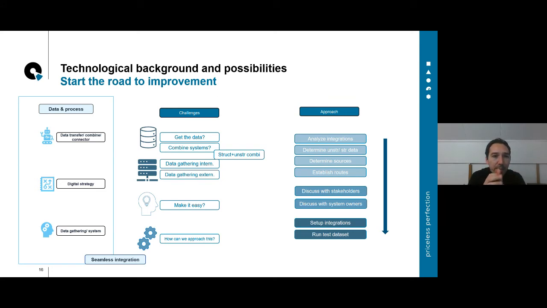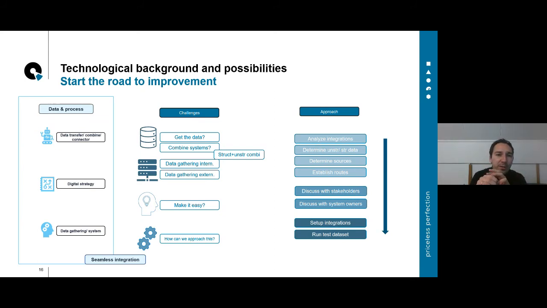So how we approach this is by discussing the various integration options and determine what needs to come from what system. By doing this, you can set up a flow that shows the various sources and the various data streams. And once this is clear, you can have that discussion with the system owners and process owners to see how these systems can be leveraged and whether there are parts of the process that are obsolete or need to be changed.